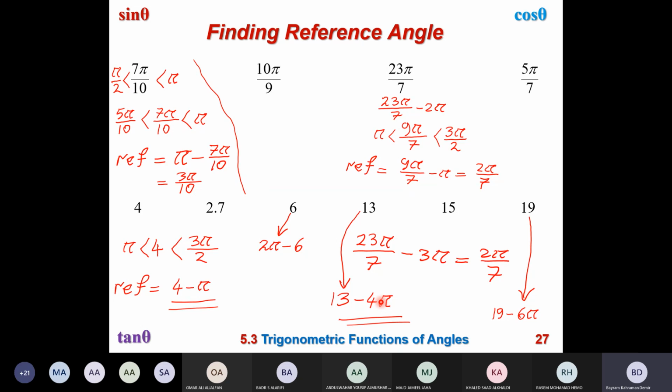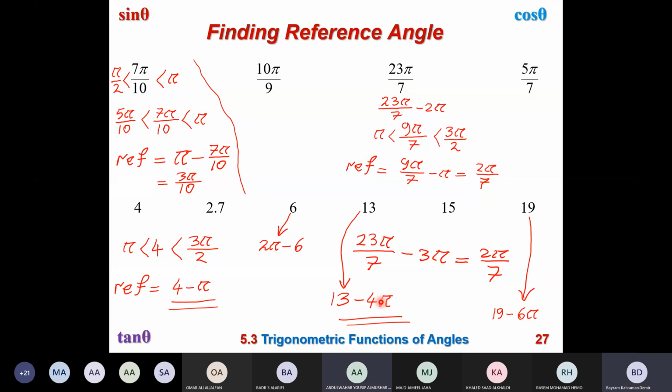So it is coterminal and also a reference, because it is already a small angle. So the reference of 13 radian is 13 minus 4 pi, exactly. Approximately 0 point whatever, you can calculate.